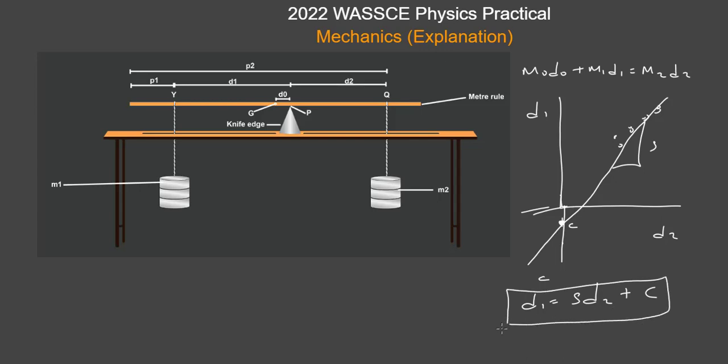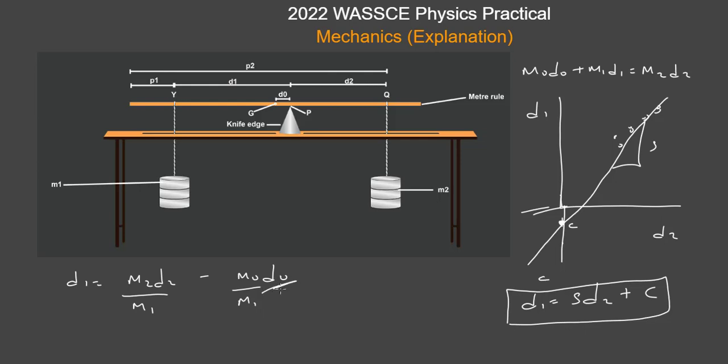So the question now is, how do we relate this to what we have here? To relate that, you need to make d1 the subject of the formula. You're going to get d1 equals m2 d2 minus m0 d0, then divided by m1. You will notice that throughout the experiment, d0 is a constant.